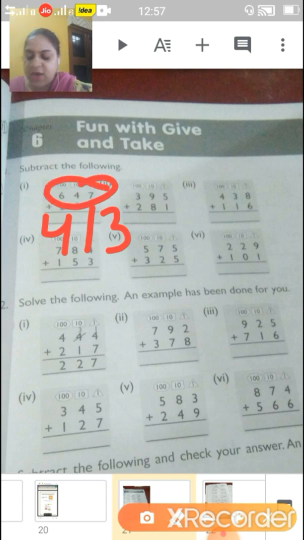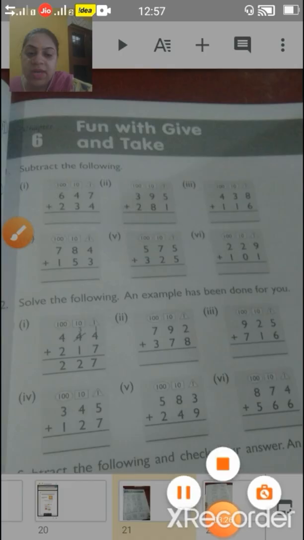So what we can do is check our total answer, and that should match.